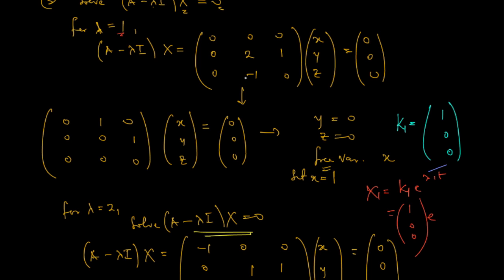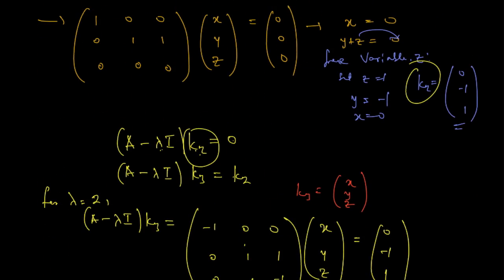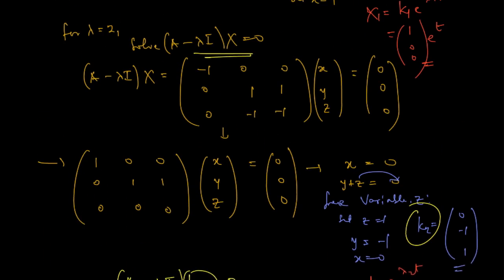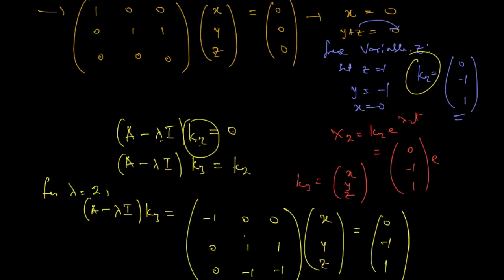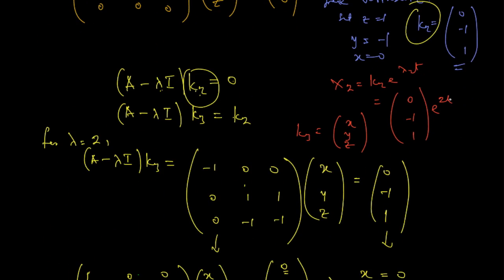Our lambda 1 is 1, so e to the power t. So this is our x1. So let's go ahead and find x2. Our x2 is k2 e to the power lambda 2t. Our k2 is 0, negative 1, 1 e to the power lambda 2t, where lambda 2 is the second eigenvalue, which is 2. So that's e to the power 2t.